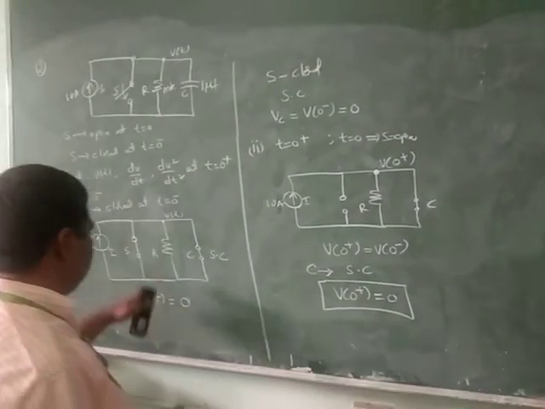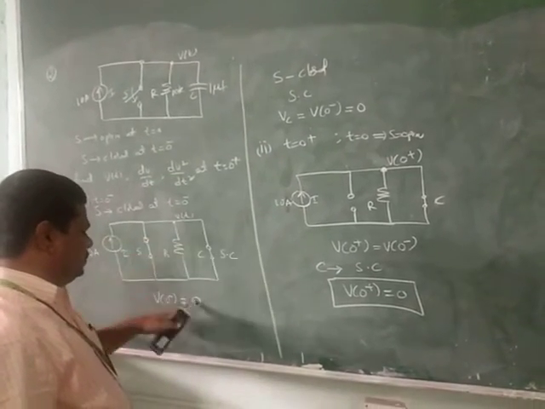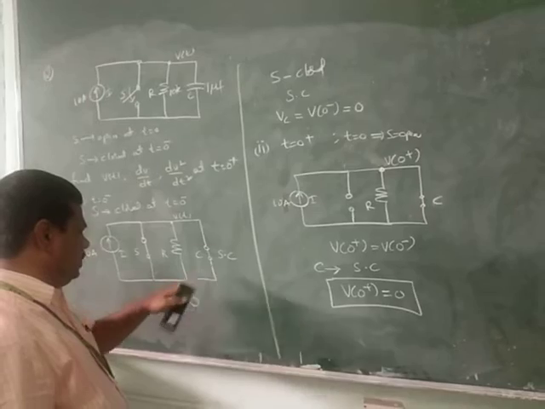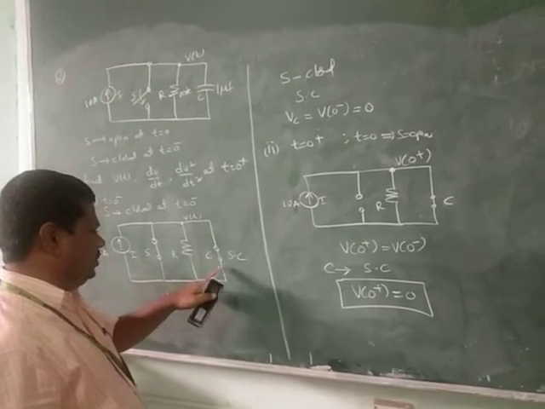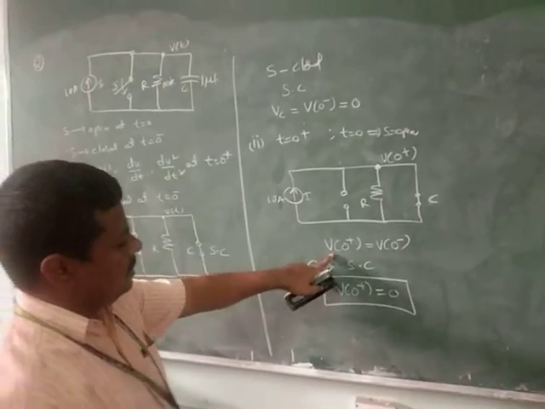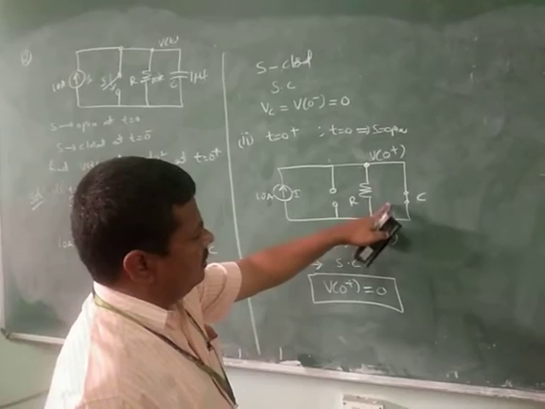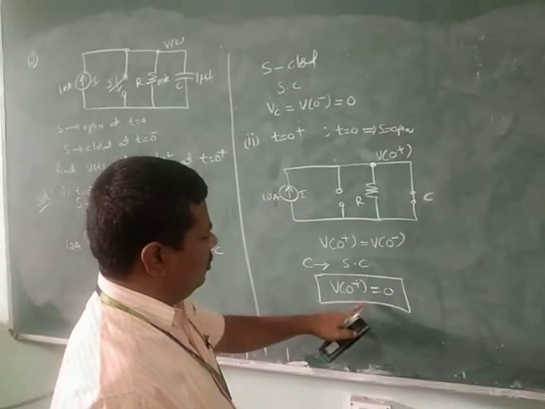In the first case, the capacitor is short circuit, the switch is closed, voltage is equal to 0. That means v(0-), the initial voltage across the capacitor, is 0. Now based on the initial condition, v(0+) is equal to v(0-). In this case also, the capacitor acts as a short circuit, again output is 0.